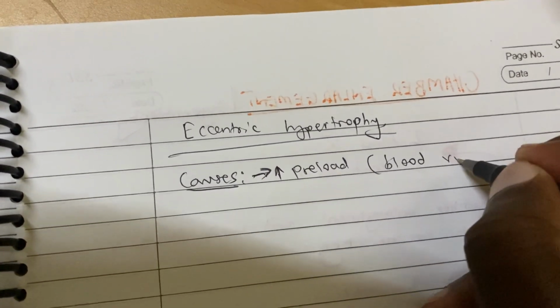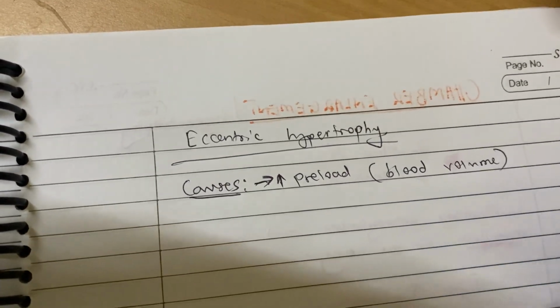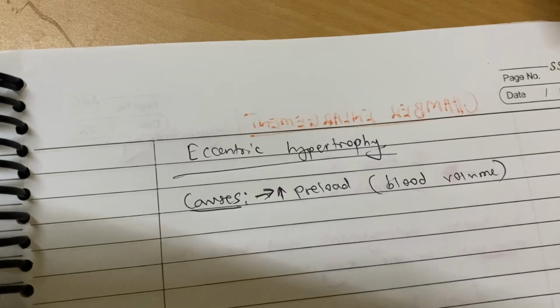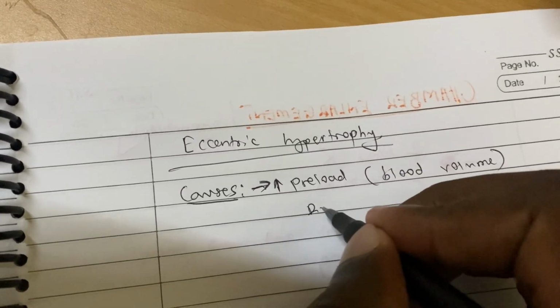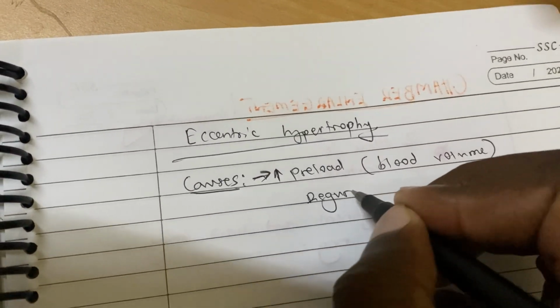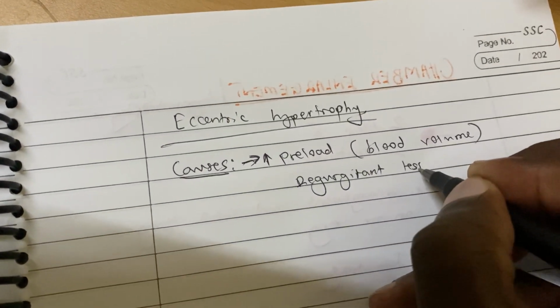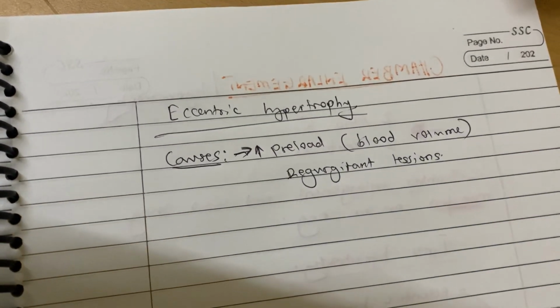So when does this one occur? Like in valvular lesions, like regurgitant lesions.